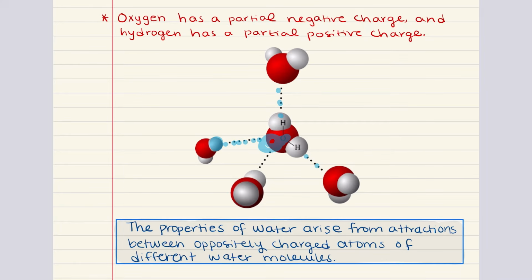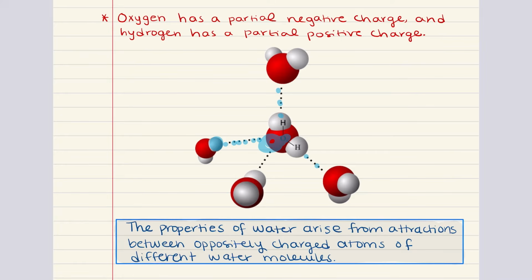This unique interaction is known as hydrogen bonding. This is a type of dipole-dipole attraction that we're going to talk about much later on. But it is this strong hydrogen bonding that gives water its unique properties, like its very high heat capacity and, you guessed it, its ability to act as a solvent for many substances.